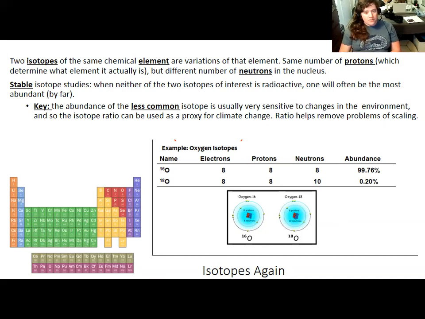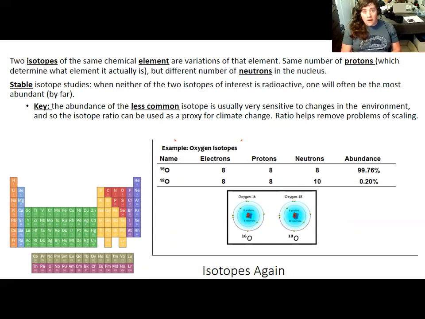When you have two separate isotopes of an atom, one usually much more abundant than the other, and we examine the ratio between the two. So there's some elements like oxygen that have more than one combination of protons and neutrons that's stable. You have two separate isotopes of oxygen that both have 8 protons, but they're going to have different numbers of neutrons.